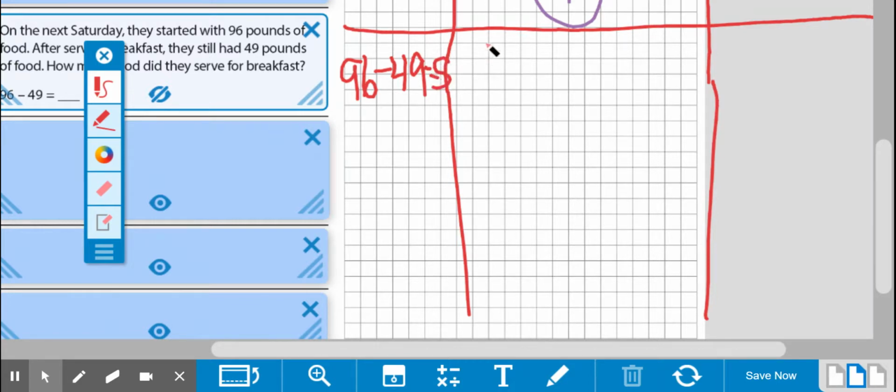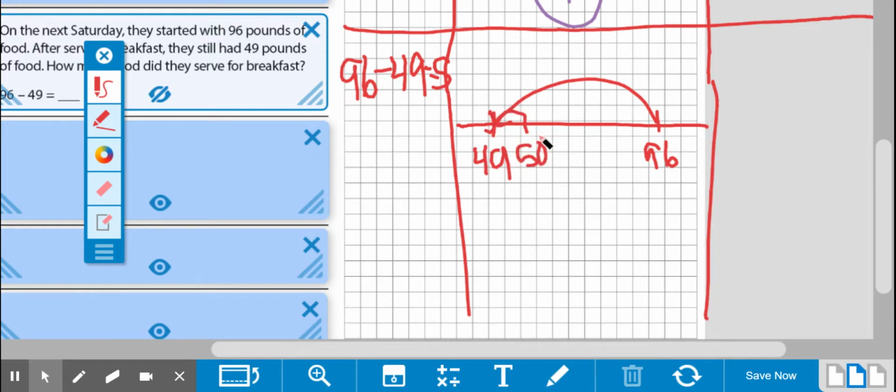So 96 minus 49. I'm going to have the open number line. Start with 96. Got to go to 49. Again, not friendly numbers. If this was a 50, add 1. And then add 1.